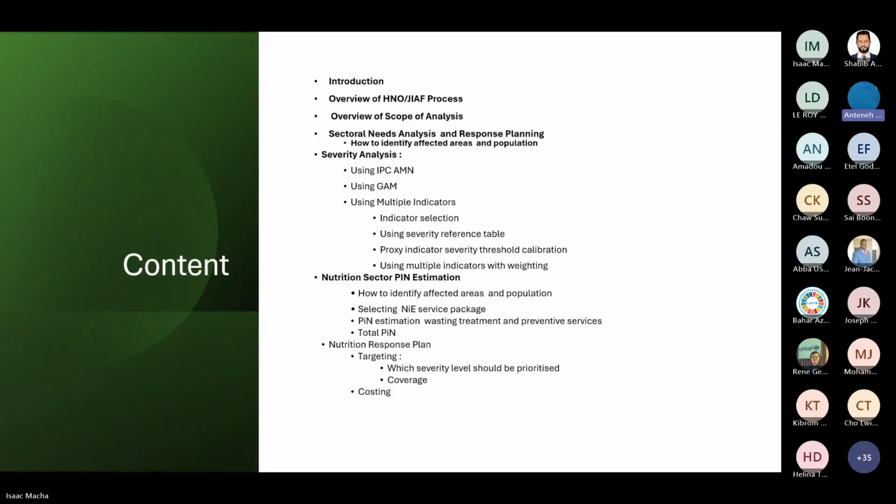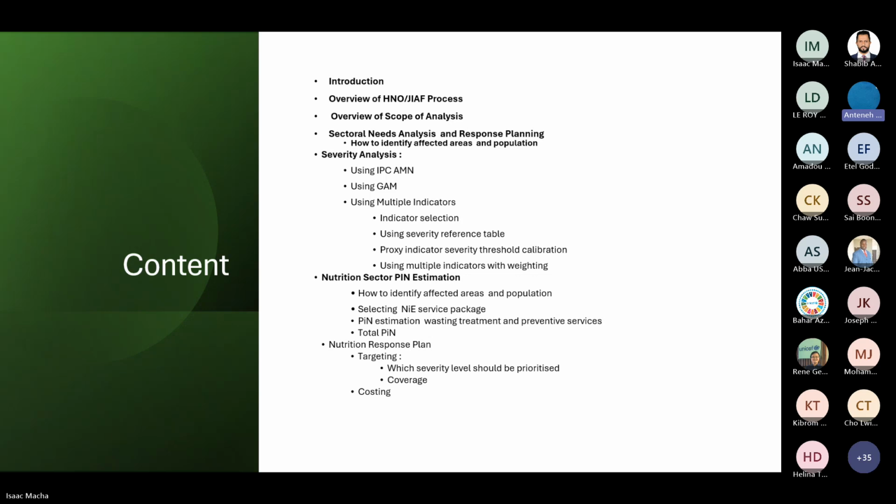First, we will start with an overview of the HNO-GF process, and then we proceed to the scope of analysis. There are new updates on how the scope of analysis should be done this year in the 2026 HNRP. Then we spend most of our session on nutrition sector needs analysis and response planning.